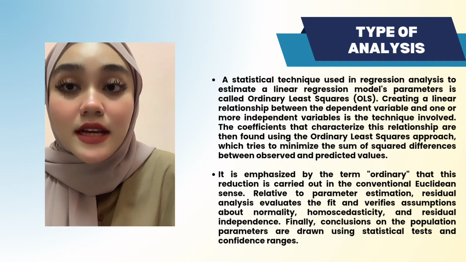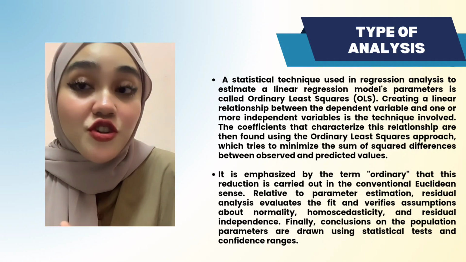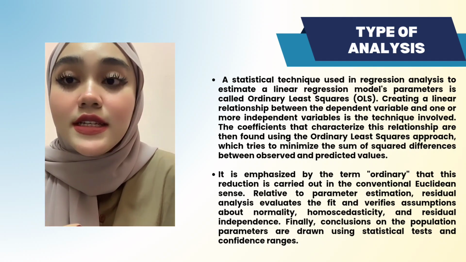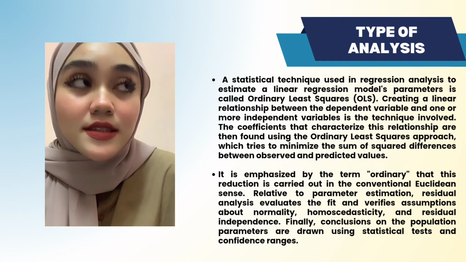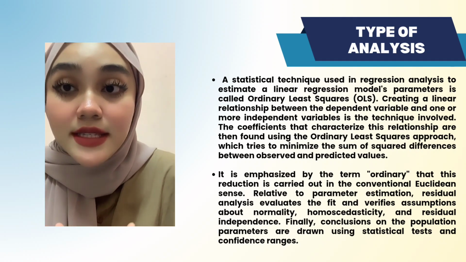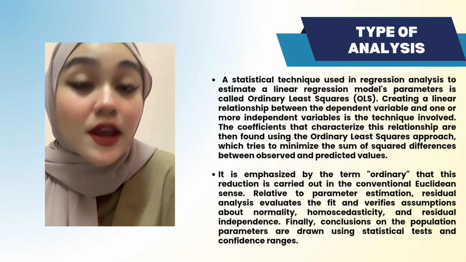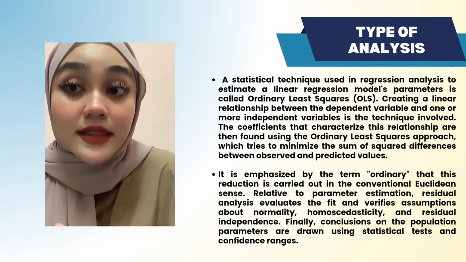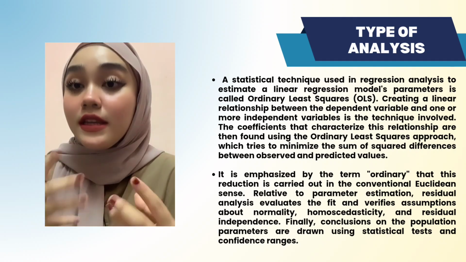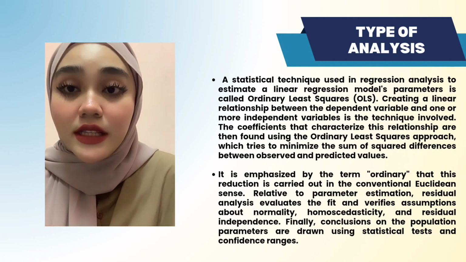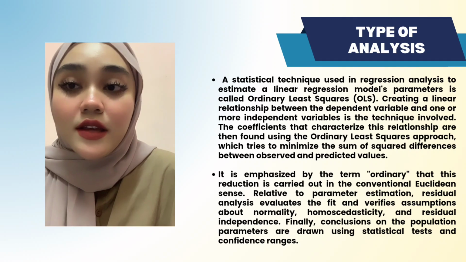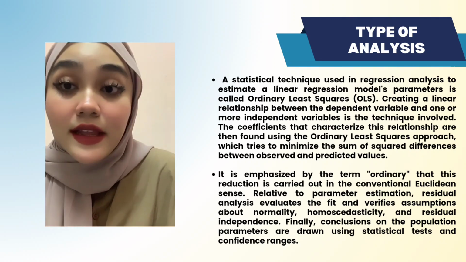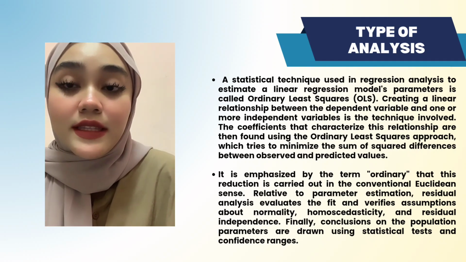The coefficients that characterize this relationship are then found using the OLS, which will try to minimize the sum of squared differences between observed and predicted values. It is also emphasized by the term ordinary that this reduction is carried out in the conventional Euclidean sense. It is also relative to parameter estimation. Residual analysis evaluates the fit and verifies assumptions about the normality and many more.